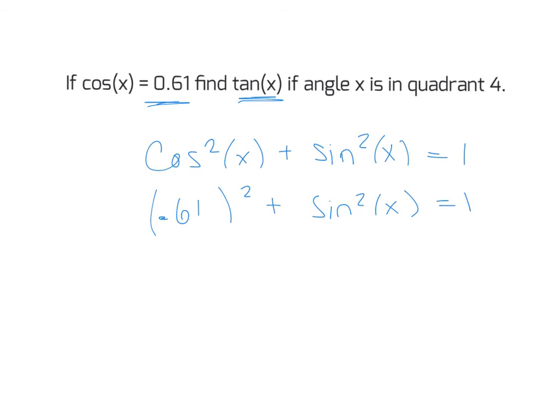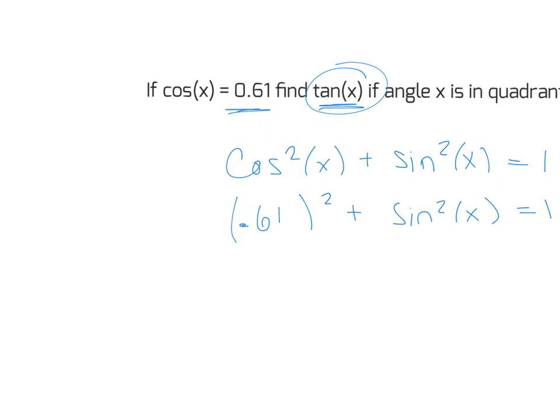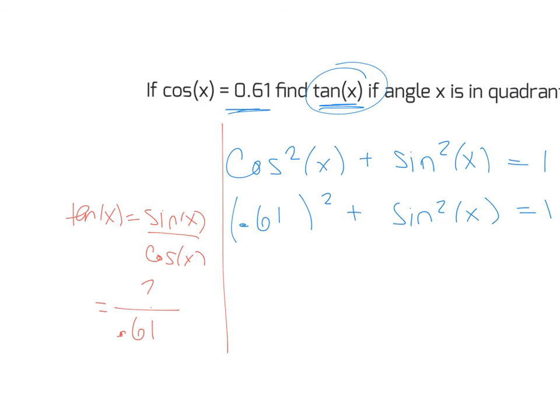They're not even asking for sine, they're asking for tangent. The reason this identity will help us is that tangent of x is equal to sine of x over cosine of x. Good news for us is that we have the cosine of x. It's 0.61. We just need to find the sine in order to solve this properly.